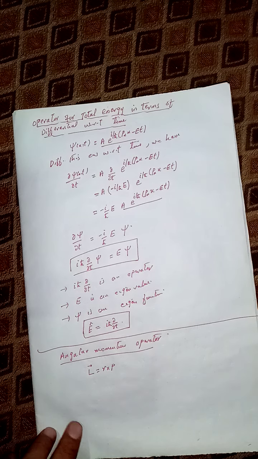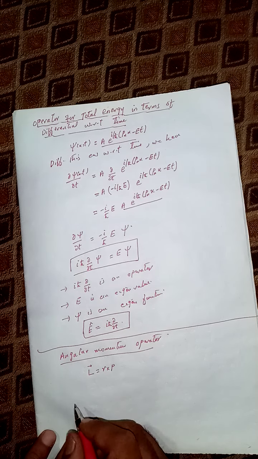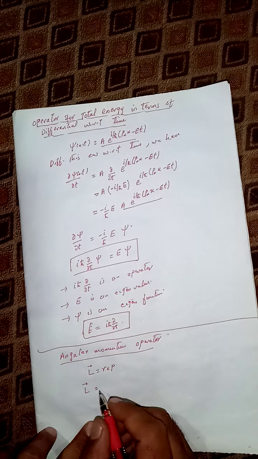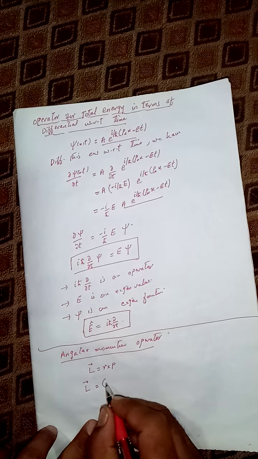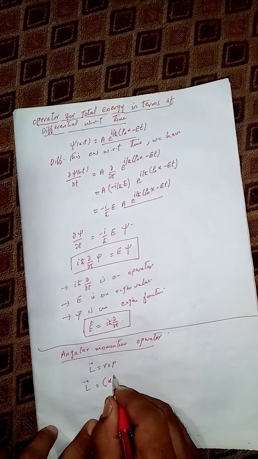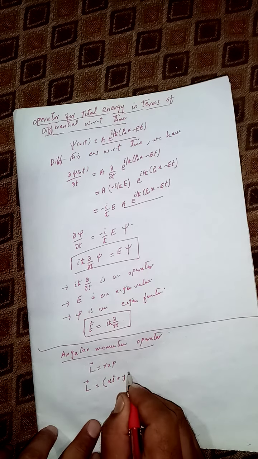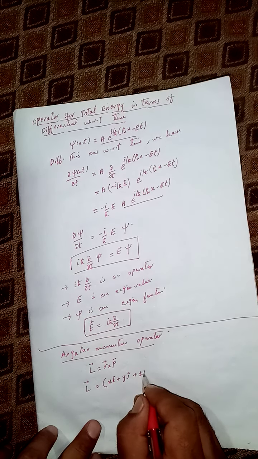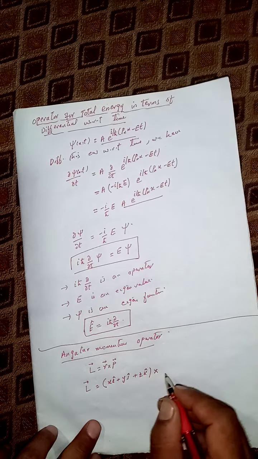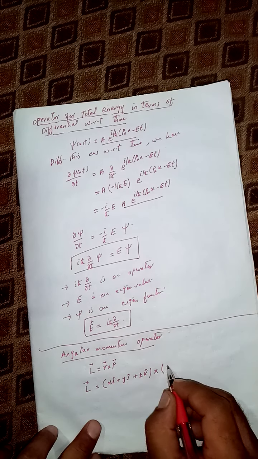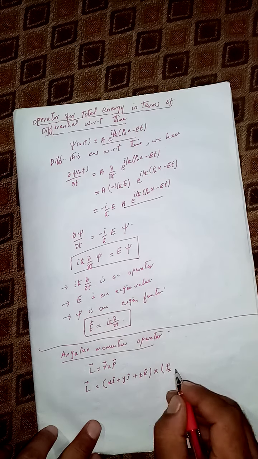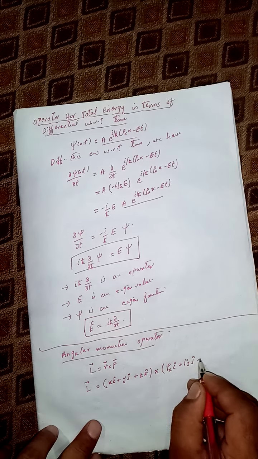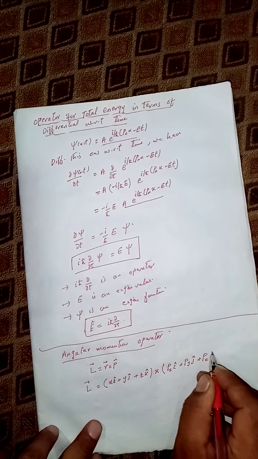Now from this we can calculate the angular momentum, with r as x i plus y j plus z k, the position vector r, cross momentum, which is a vector quantity with three components: p of x i plus p of y j plus p of z k.